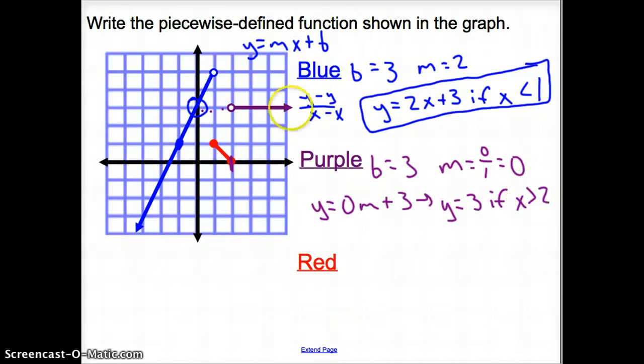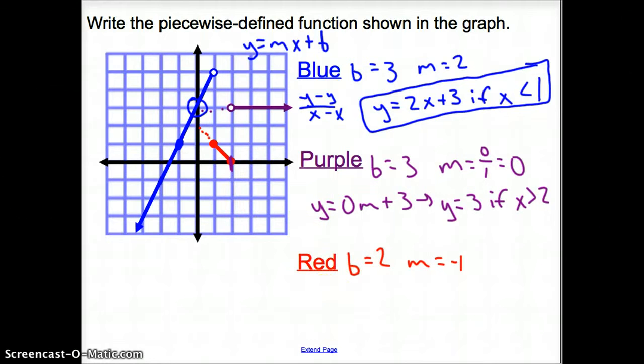Now looking at the red line, y-intercept, if we would continue this line, it would go through where? It would have a y-intercept of 2. It has a slope of, goes down 1 over 1, has a slope of -1 because it's going down from left to right.